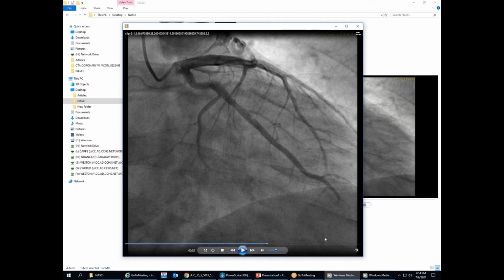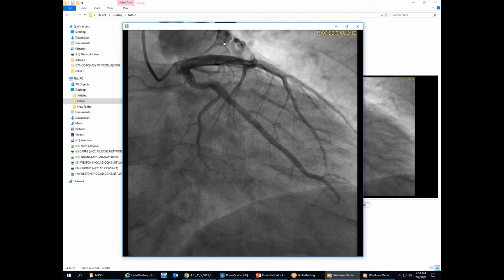I wasn't 100% sure about the reasoning, but I presume that that was their thought process. Obviously, given the location, I'm not sure we know for sure that it's going to cause some sort of apical defect unless it's shunting blood away from the distal LAD. I really don't have an answer for that.